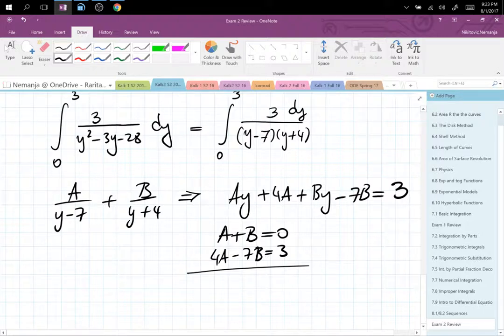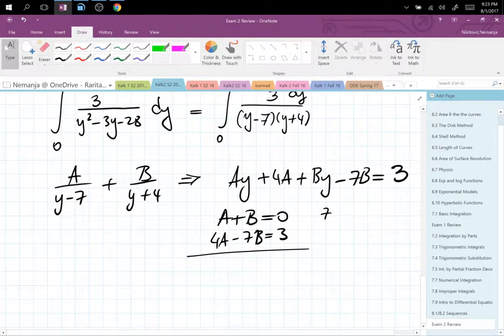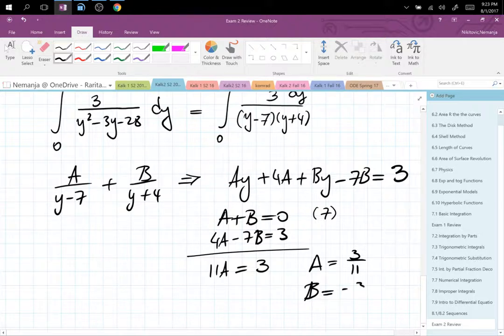Times 7 on top, and we add, so that's going to be 11a equals 3. A is 3 over 11. Times 7 on top: 7a plus 4a is 11, 7b minus 7b is 0, and then 0 times 7 is 0, plus 3 is 3. So a plus b has to be 0, so b must be negative 3 over 11.